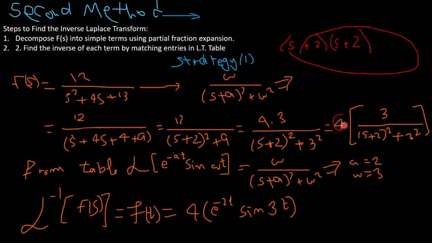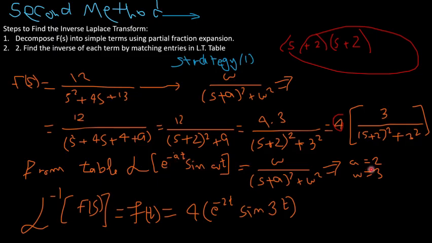The 4 can be extracted. Then we have the numerator as 3 and the denominator as s plus 2 squared plus 3 squared, since 9 is 3 squared. This is exactly the same as the table entry. You will find that the inverse Laplace transform of omega divided by s plus a squared plus omega squared equals e to the power of minus at sine omega t.